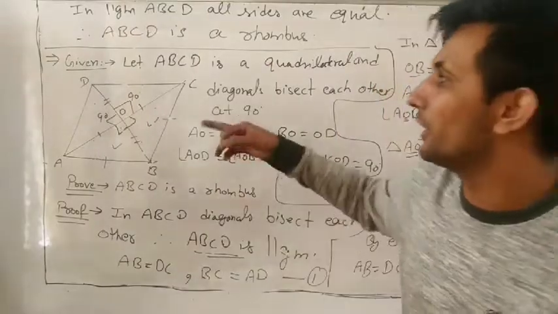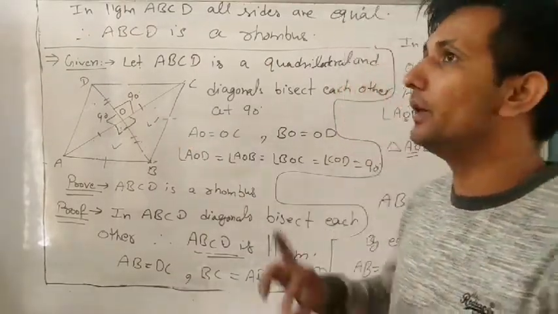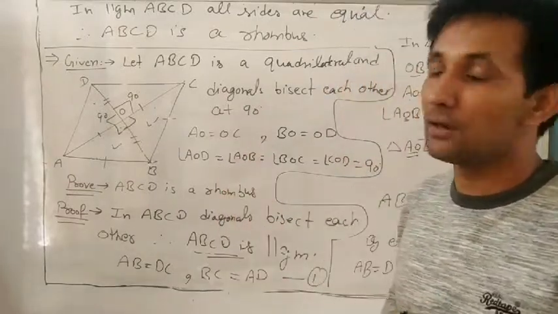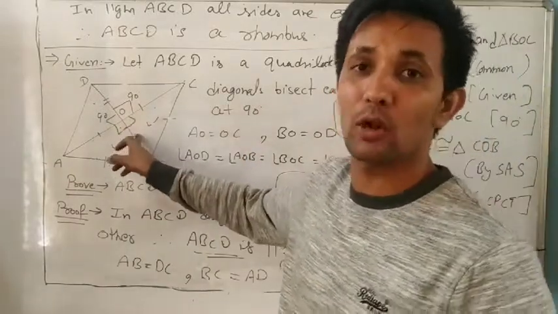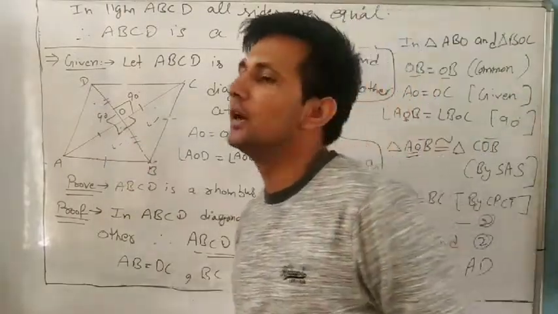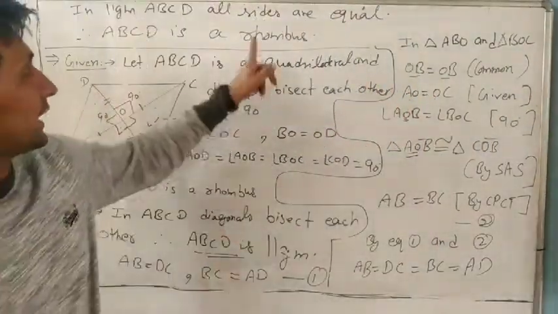If you want to prove that it is a rectangle, rectangle means opposite sides are equal. A rectangle is always a parallelogram, so first we will prove that it is a parallelogram. And in a rectangle, each angle is 90, so we will prove that each angle is 90. So that is the property of rectangle. Always remember in a rhombus, the diagonals bisect each other and bisect at 90 degrees. In a quadrilateral, if the diagonals bisect at 90 degrees, it is a rhombus.